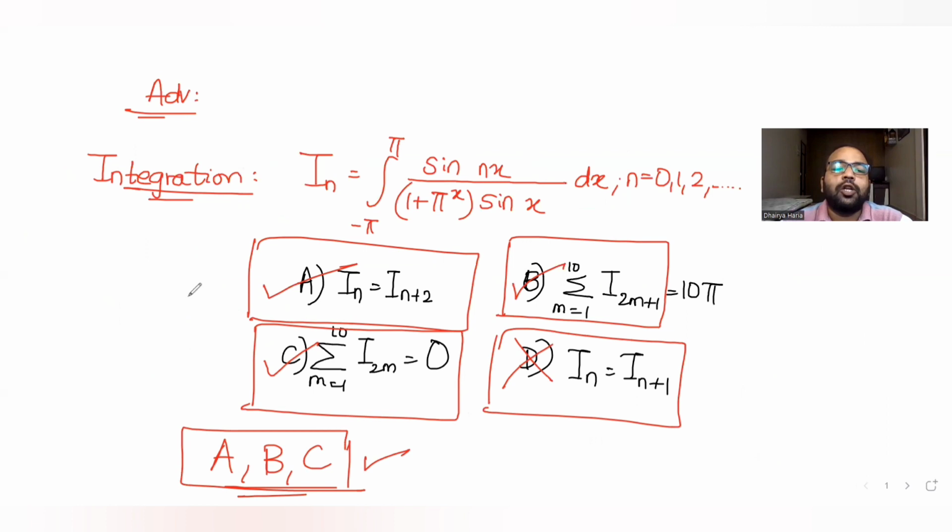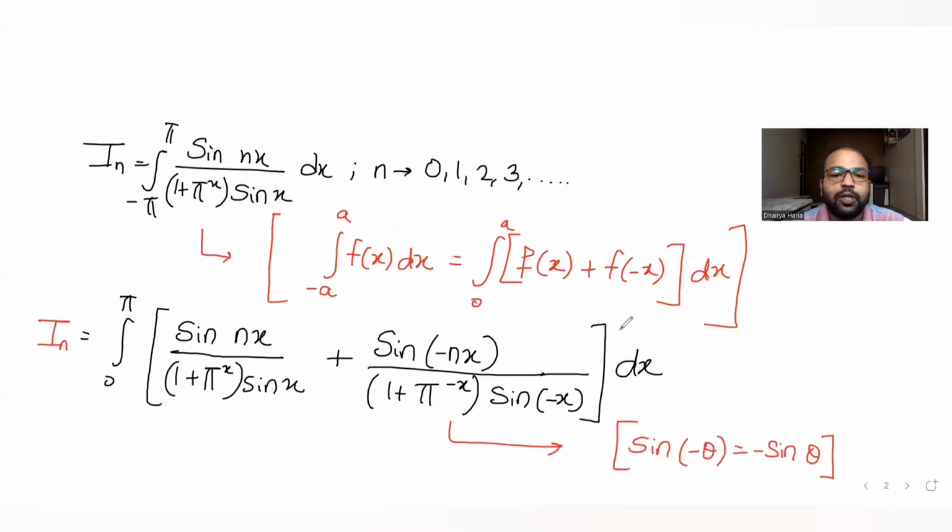I hope you have understood how to solve this type of integration question where they have told us an integral's value, and there are four options. You need to check all four options and pick the correct ones. In this case, it works out for A, B, and C. And this entire question was based on the concept that the integral from minus a to a of f of x dx can be written as the integral from 0 to a of f of x plus f of minus x.